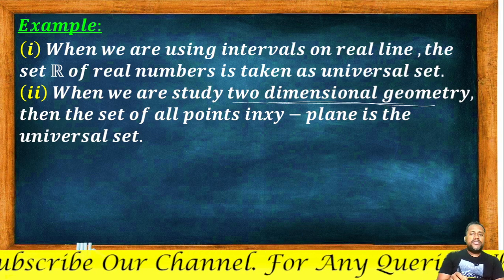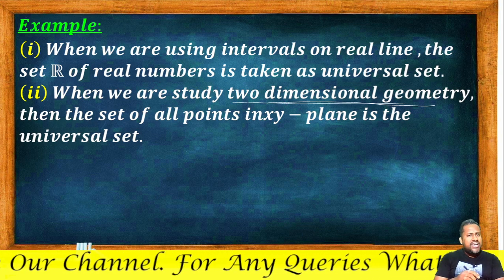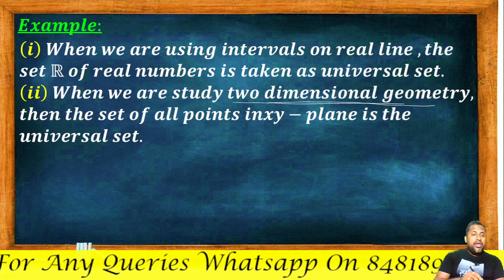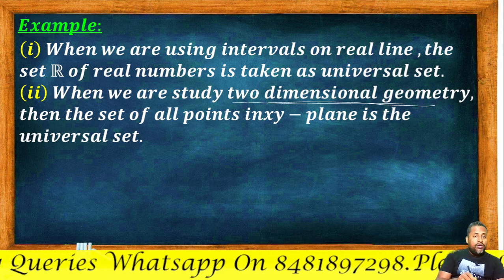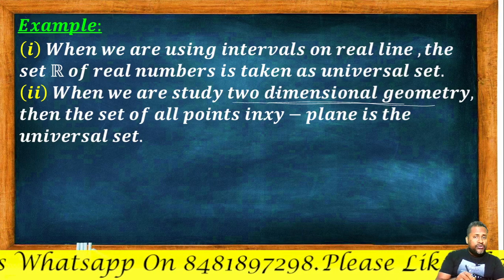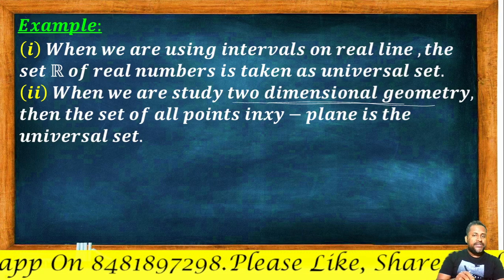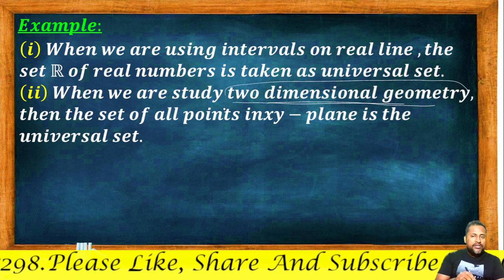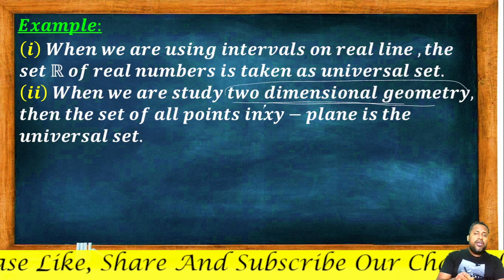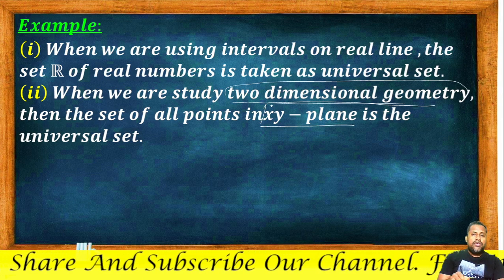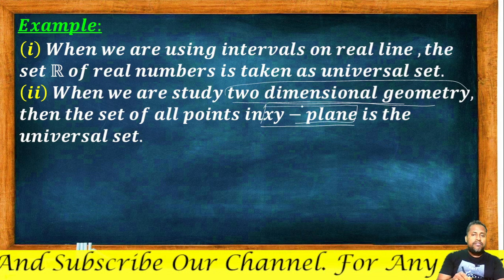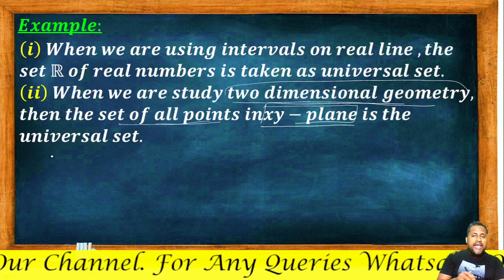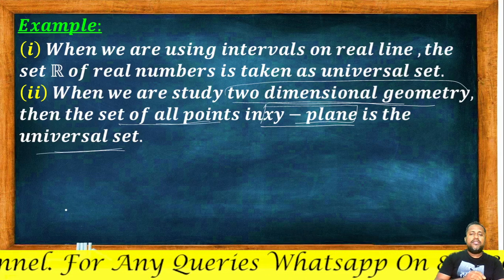In two-dimensional geometry, we can consider different types of sets, but the superset of all these subsets will lie on the xy plane. So here all the points lying on the xy plane will be the universal set.